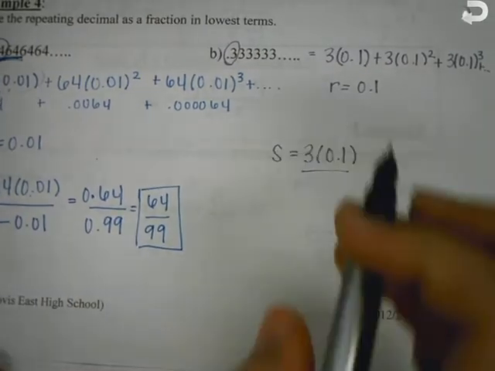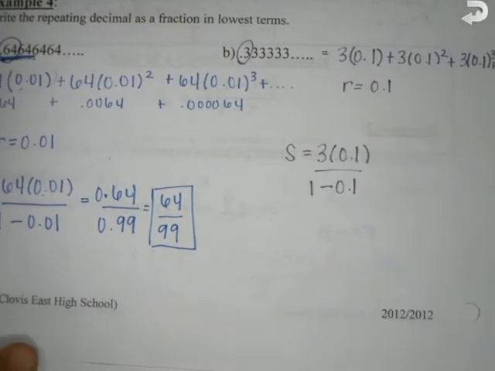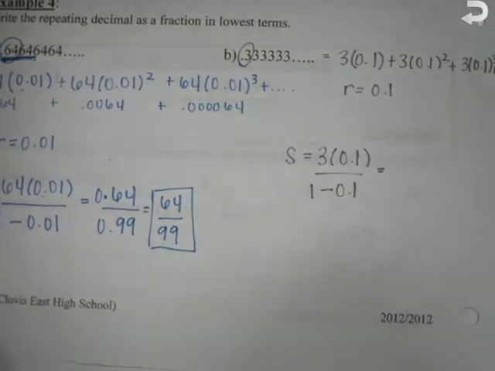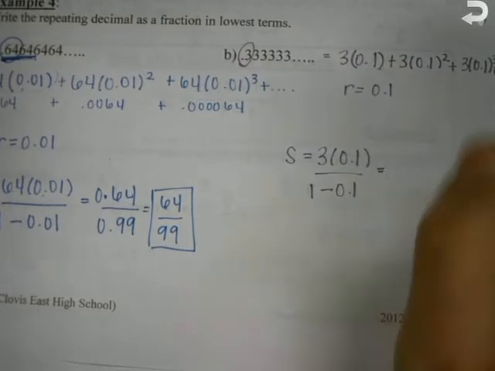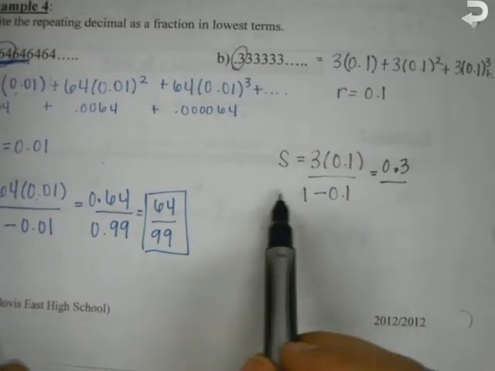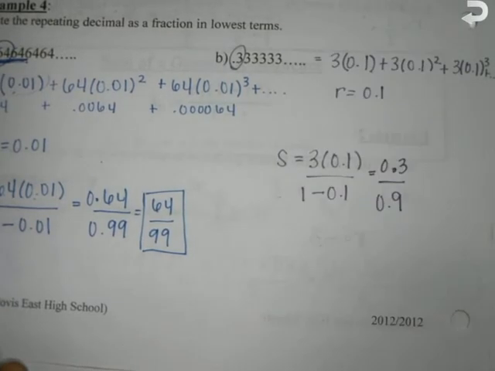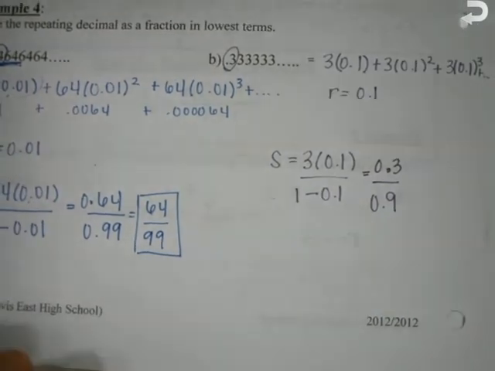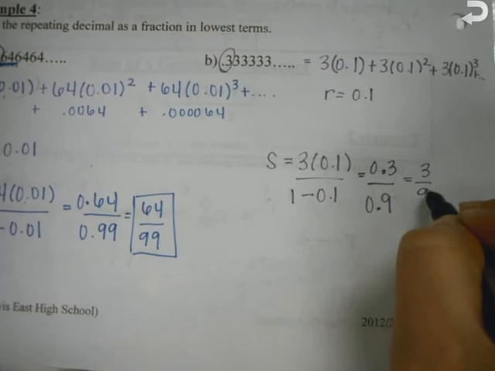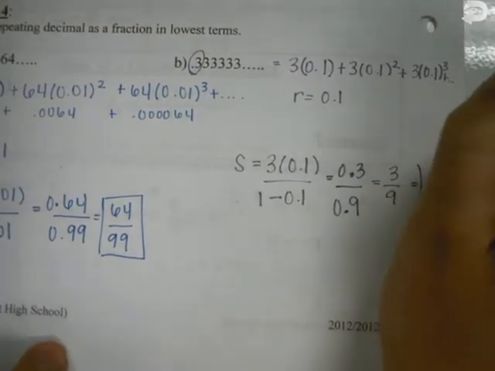So that equals, what's 3 times 0.1? 0.3 over 1 minus 0.1, which is 0.9. Can you write this as a fraction with whole numbers? 3 over 9, and that reduces to 1/3. So 0.333333 is the same as 1/3. And isn't that true? Don't we already know that? Yeah. Okay?